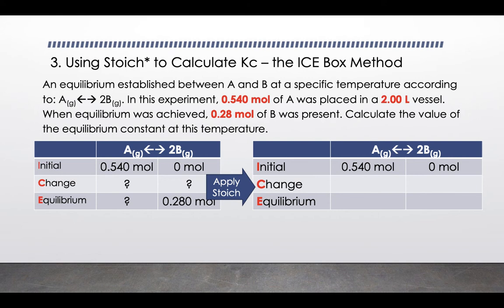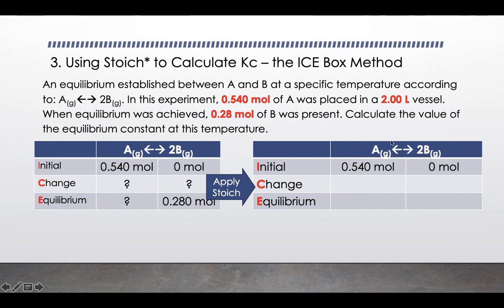Initially, we have 0.54 mole of A and 0 mole of B. As the reaction goes towards equilibrium, how much A was actually used to become B? We don't know. But we do know that between A and B there's a numerical ratio relationship.